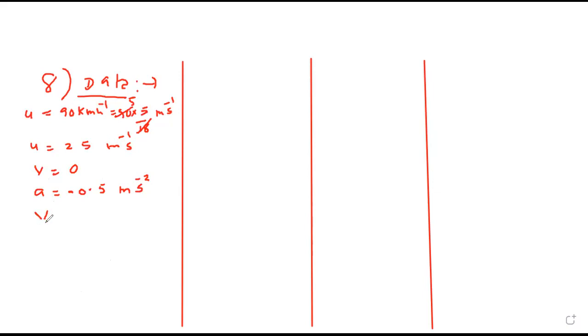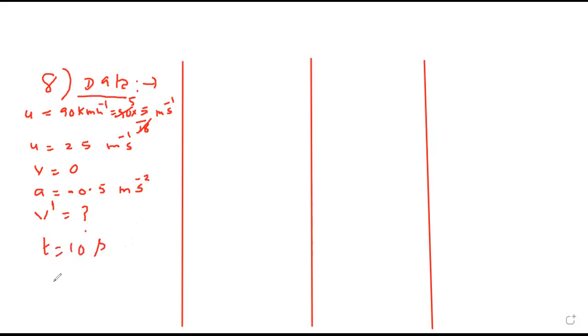Find the velocity after 10 seconds. So I'm writing this as v dash after time 10 seconds.